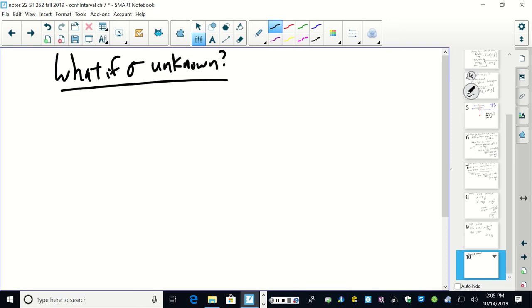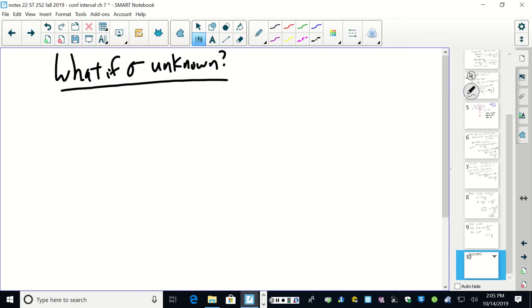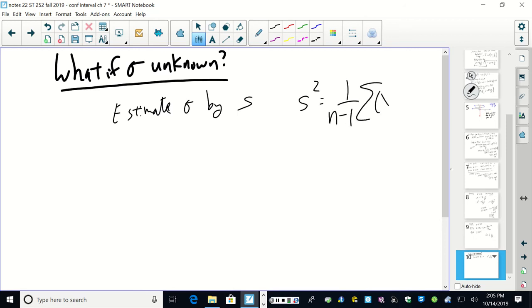We're going to estimate that by the sample standard deviation, S, where S squared is 1 over n minus 1 times the sum of the (xi minus x bar) squared. And S is our sample standard deviation.